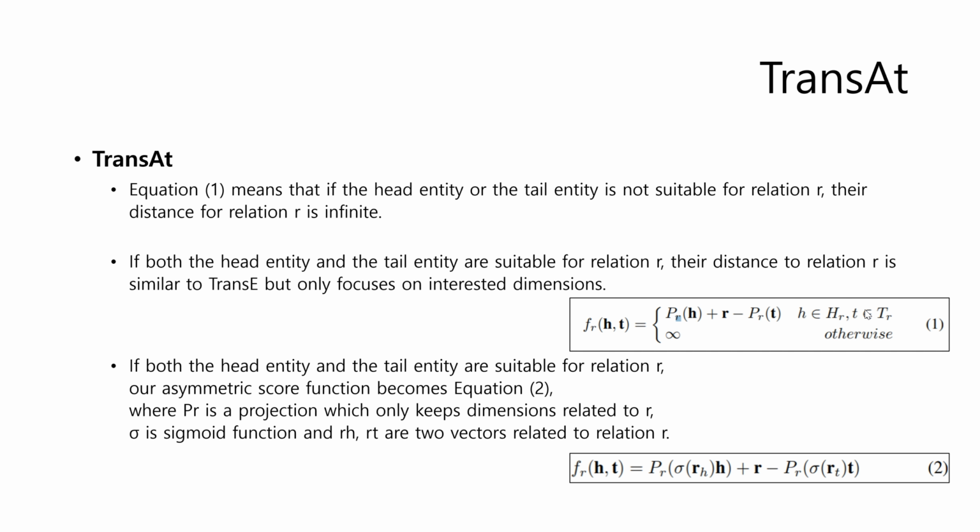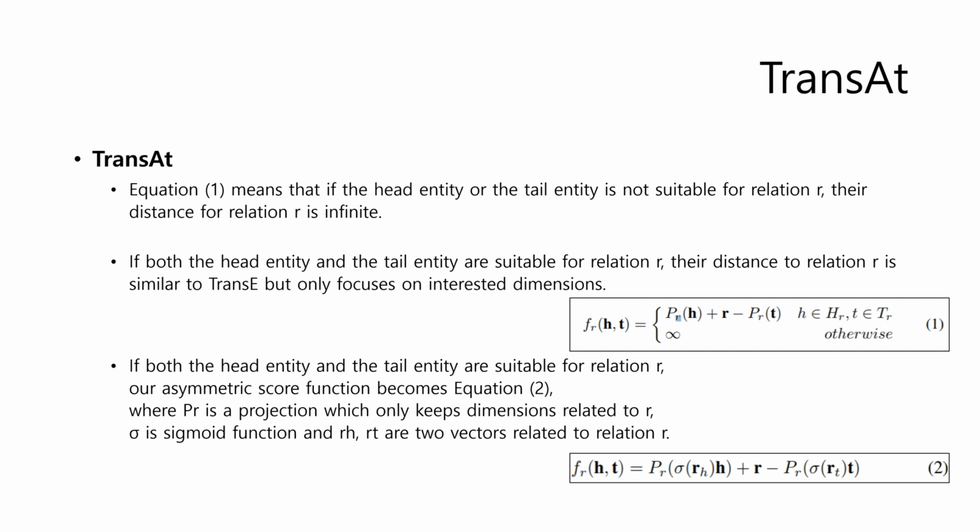Considering that some relations have ORC structures, they propose an asymmetric version of scoring function. Since they hope there exists only single embedding representation for entities, they use two vectors to scale each dimension of origin embeddings on head position to tail position respectively.